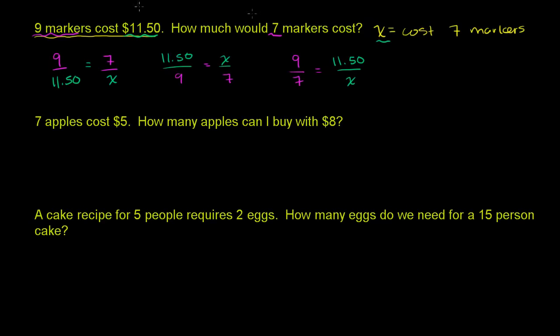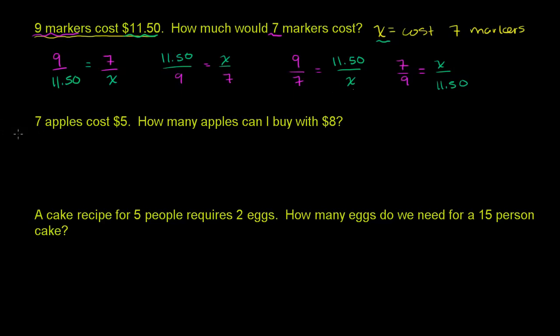So you could say that the ratio of 7 markers to 9 markers is the same thing as the ratio of the cost of 7 markers to the cost of 9 markers. So all of these would be valid proportions, valid equations that describe what's going on here. And then you would just have to essentially solve for x.